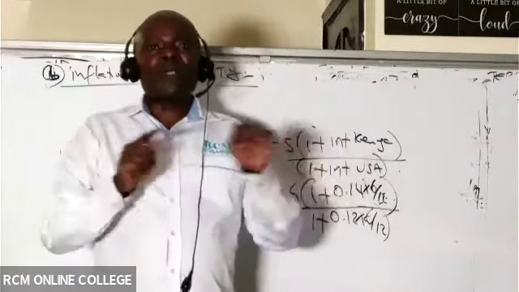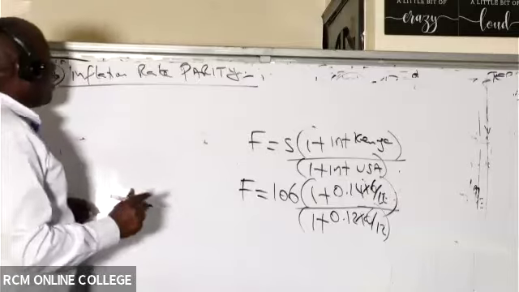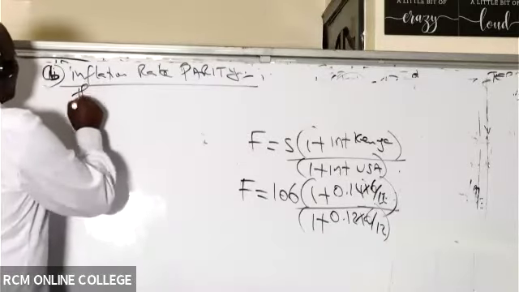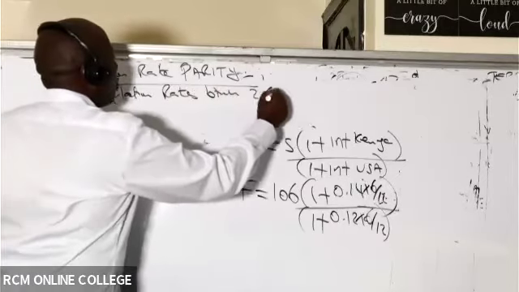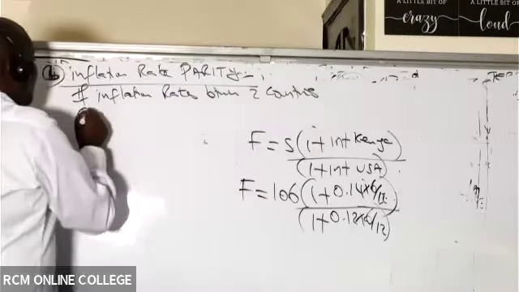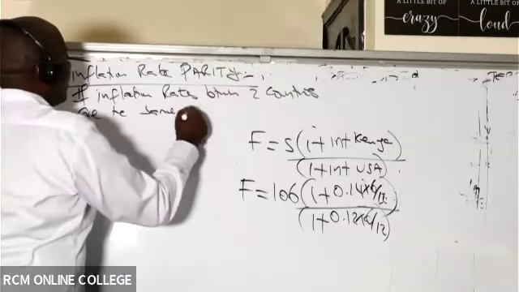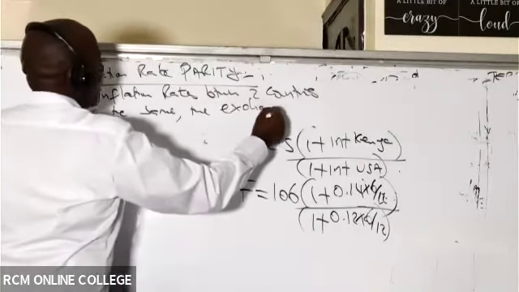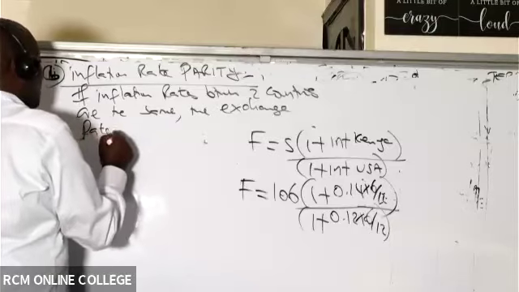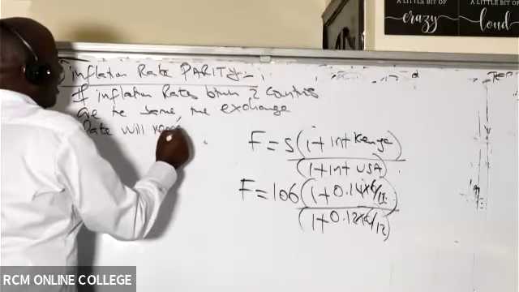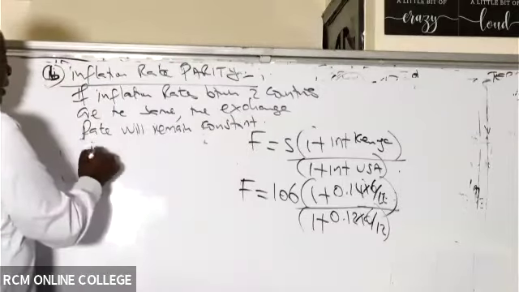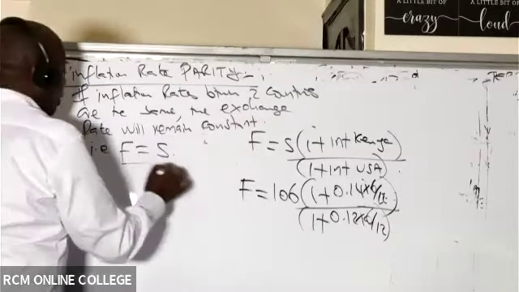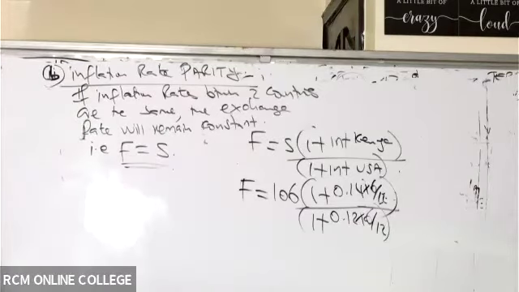So if inflation rates between two countries are the same, then the exchange rate will remain constant, i.e. the forward exchange rate will be equal to the spot exchange rate.